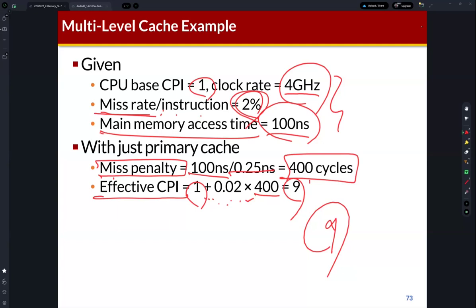If we use only a level 1 cache, the effective CPI is 9 times the ideal baseline CPI, which means if we just consider the latency of the main memory, then performance is 9 times lower than the ideal CPU. It's a huge performance drop, right?